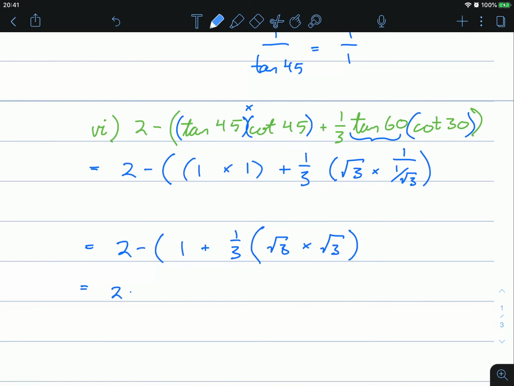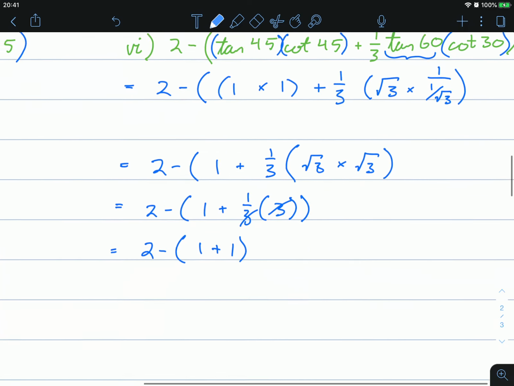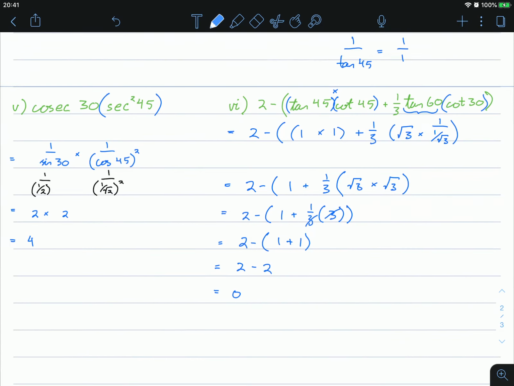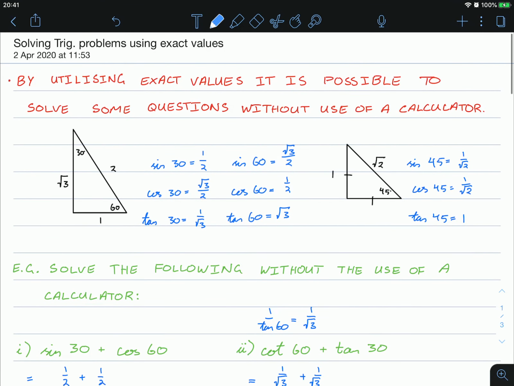Root 3 times root 3 is 3. These will cancel, giving us 2 minus 1 plus 1. And as you can see, all of this is going to equal 0.